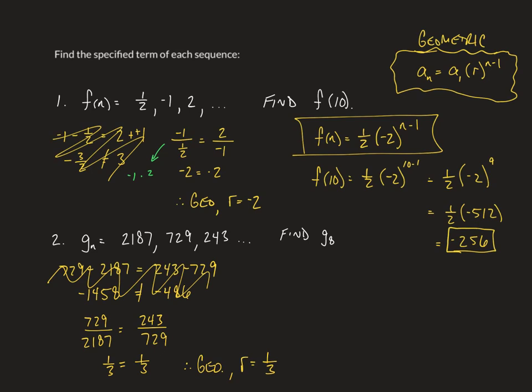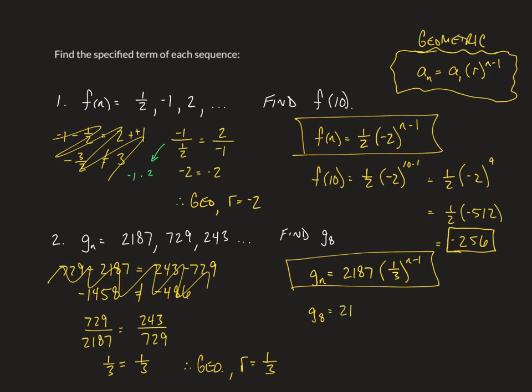All right, so let's set this thing up as an explicitly defined sequence. G sub n equals, our first term is 2,187. Just following this formula here. Our common ratio is 1/3, and that's raised to the n minus 1 power. So that is an explicit definition for this sequence, and now we're asked to find the 8th term.